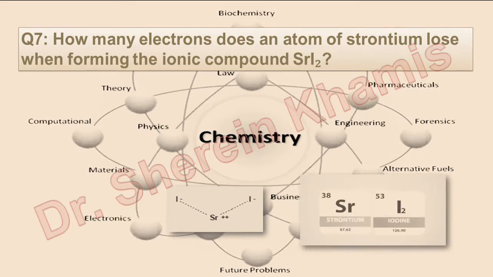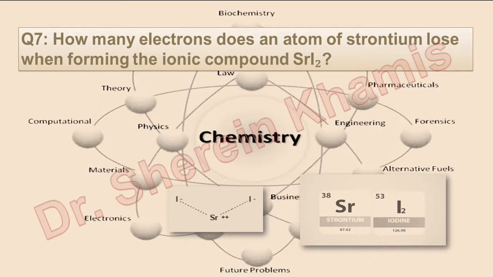Okay, if we write the electronic configuration for strontium and iodine, we have 2 electrons in the outer valence shell for strontium, and iodine has 7 electrons, so it's monovalent and needs to gain 1 electron.